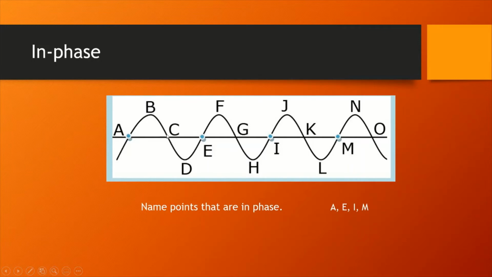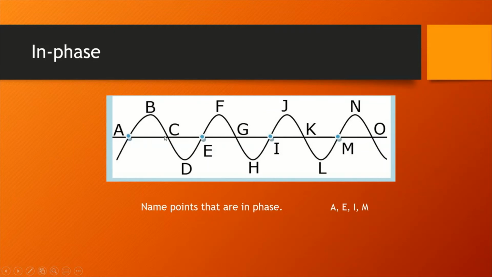What about C? What is the displacement of C? Yes, the displacement of C is 0. But what is the direction of a particle at C? This particle is on its way down. So is it the same direction as the particle at A? The particle at A is on the way up, C is on the way down.